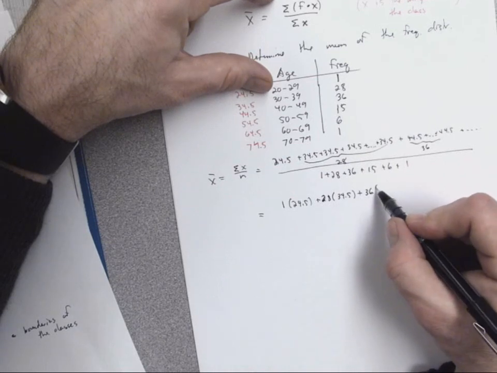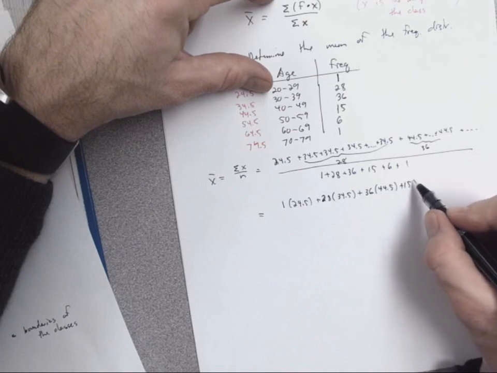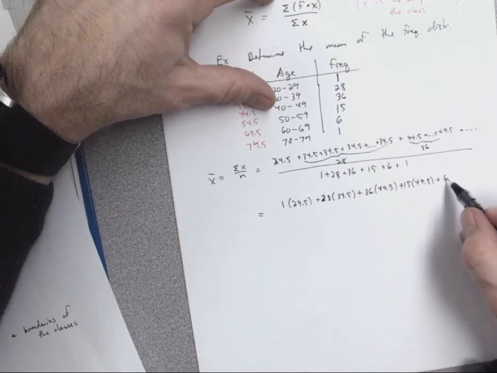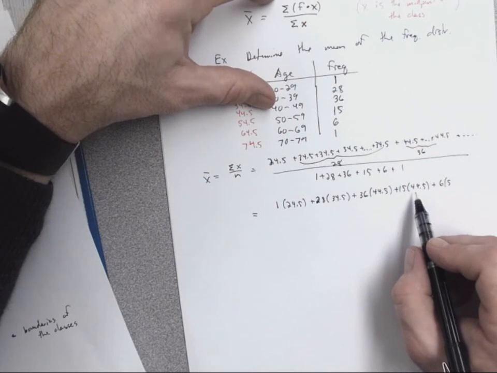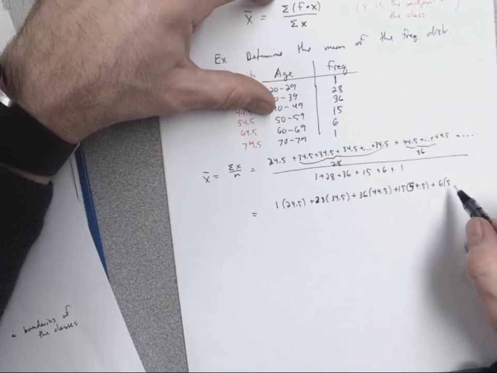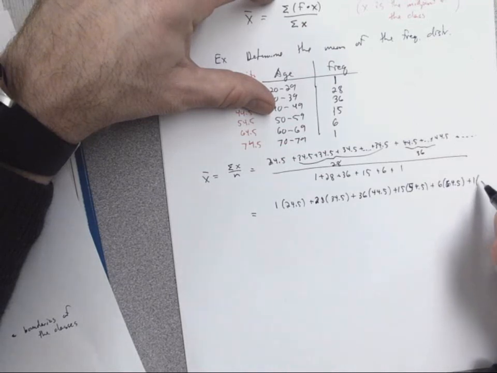There is 36 44.5s. There is 15 54.5s. There is 6 64.5s plus 1 74.5.